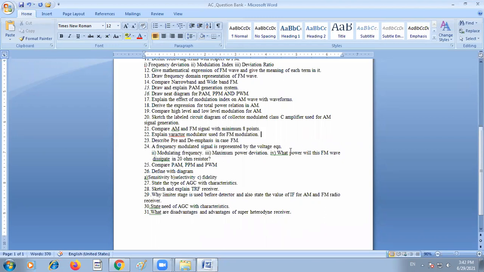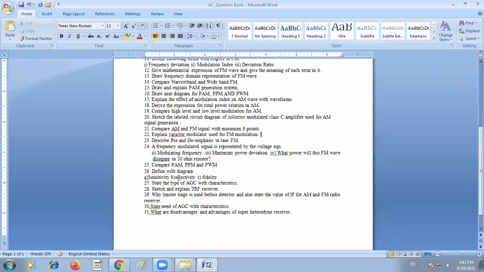This is the problem. Modulating frequency, maximum frequency deviation, what power will the FM wave dissipate in a 20 ohm resistor. Already this problem may have been explained in the first chapter, second chapter.